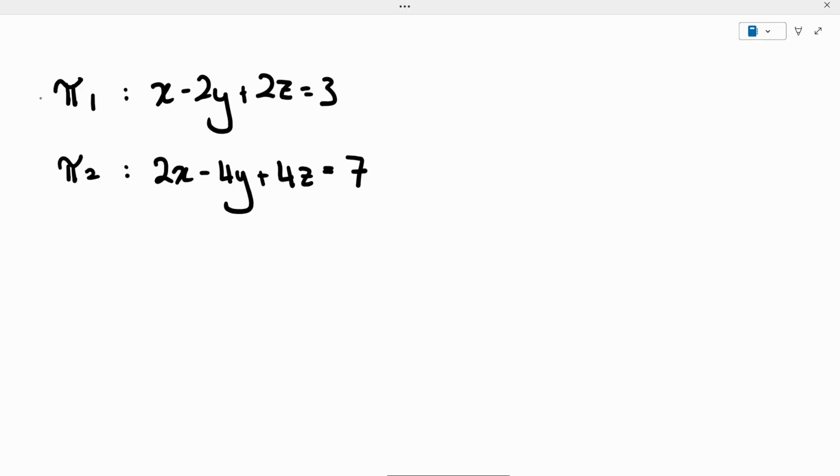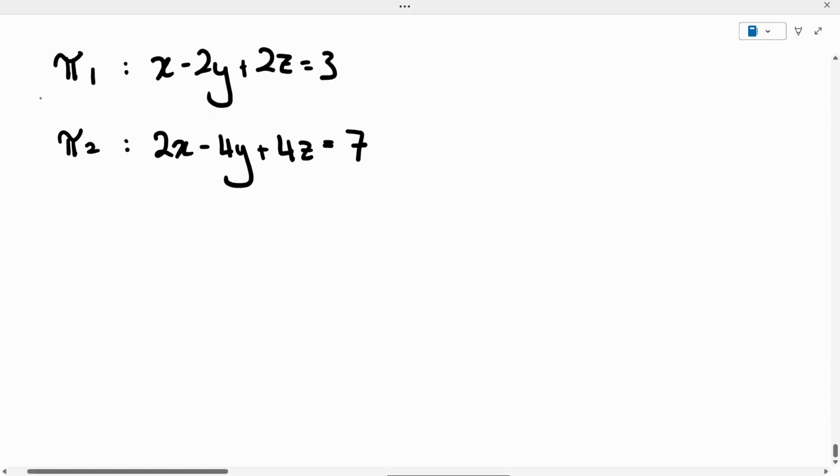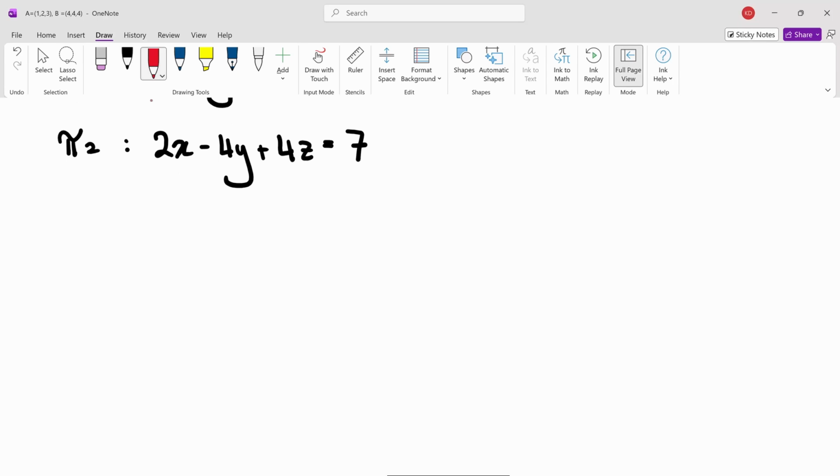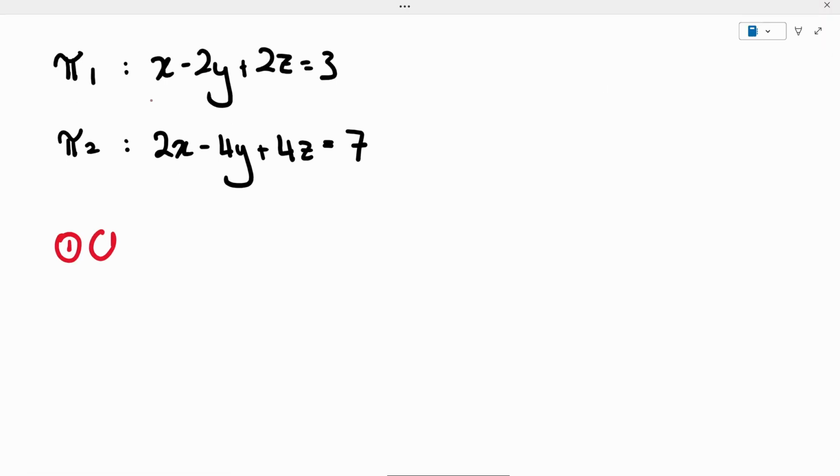Can we find the perpendicular distance between these two planes? Well, first things first, we can only find the perpendicular distance if these planes are parallel. So, step 1, check if the planes are parallel.